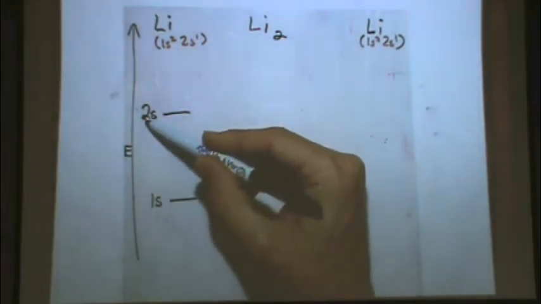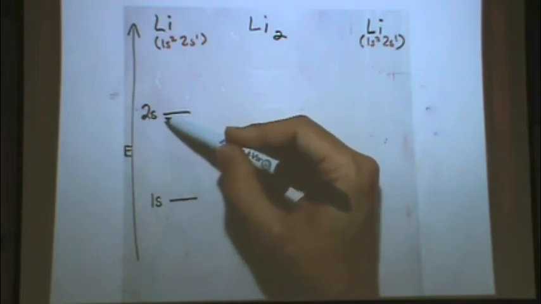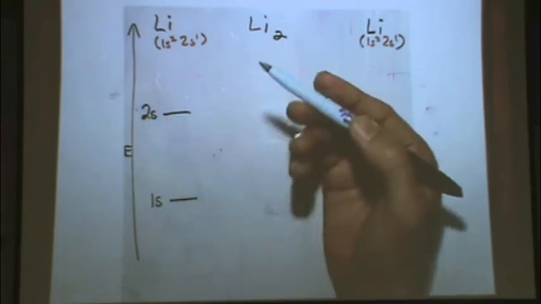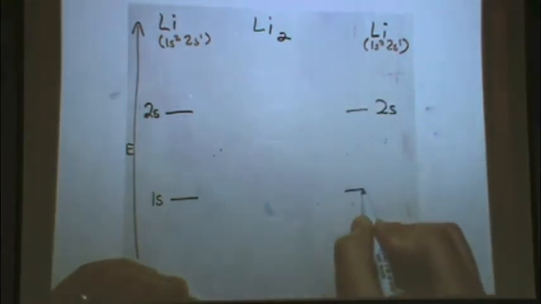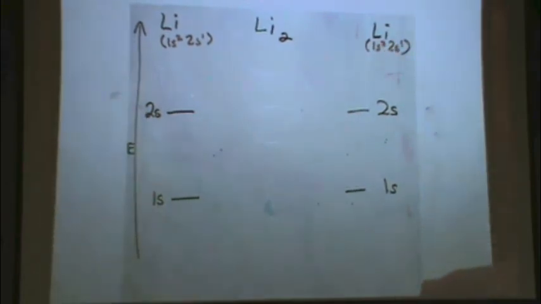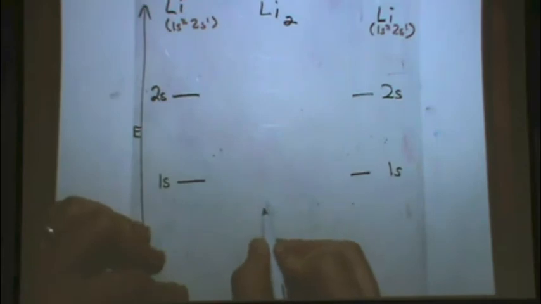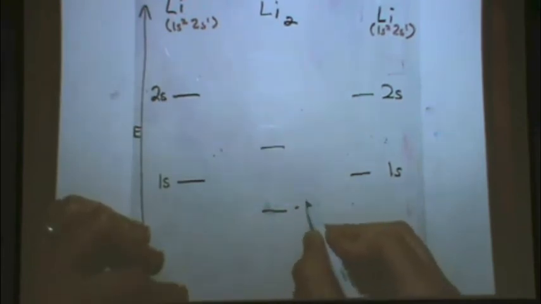As the principal quantum number gets larger, the energy is higher. So that's why this one's higher up, because of the 2 versus the 1. I'm going to put the same thing, because it's the same atom on the other side. Okay, now I'm going to treat each separately. So the 1s has a bonding and an anti-bonding, or there's 2 parts of that bond.